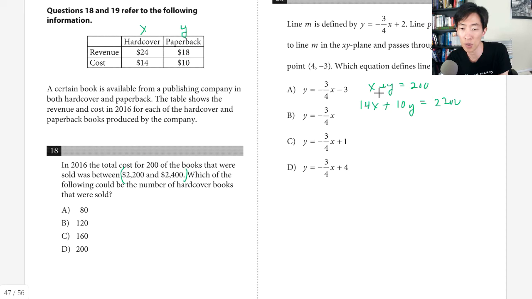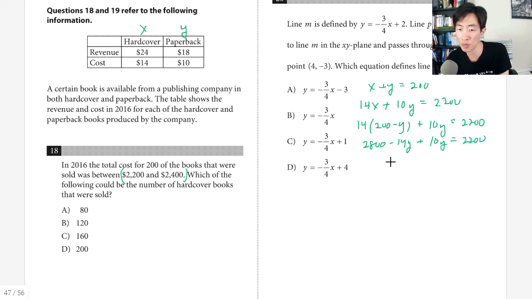Now I'm just going to do simple substitution for X. If we subtract Y from both sides, X is going to be equal to 200 minus Y. So I'm going to substitute in here 14 times 200 minus Y plus 10Y equals 2200. Multiply this out, we get 2800 minus 14Y plus 10Y equals 2200.